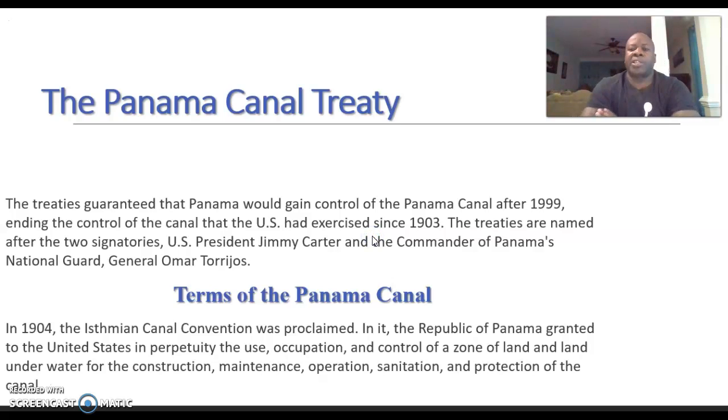The treaty pretty much consists of Panama being able to maintain and occupy the canal, and also be responsible for all the maintenance and the protection of the canal from the Atlantic coast to the Pacific coast.